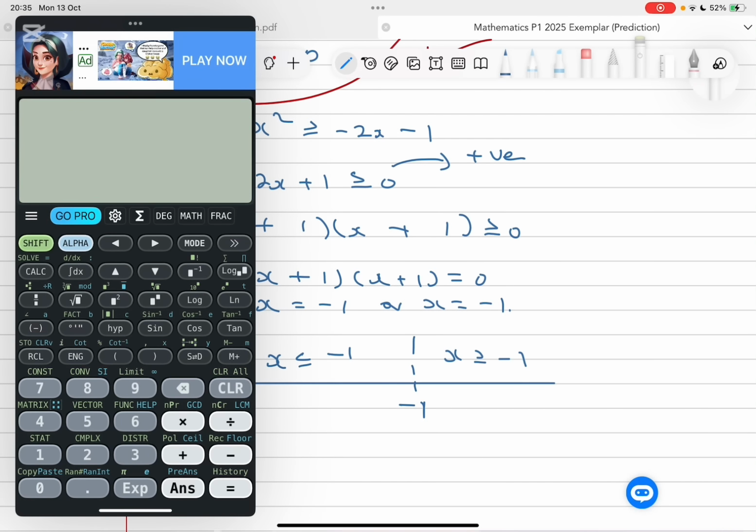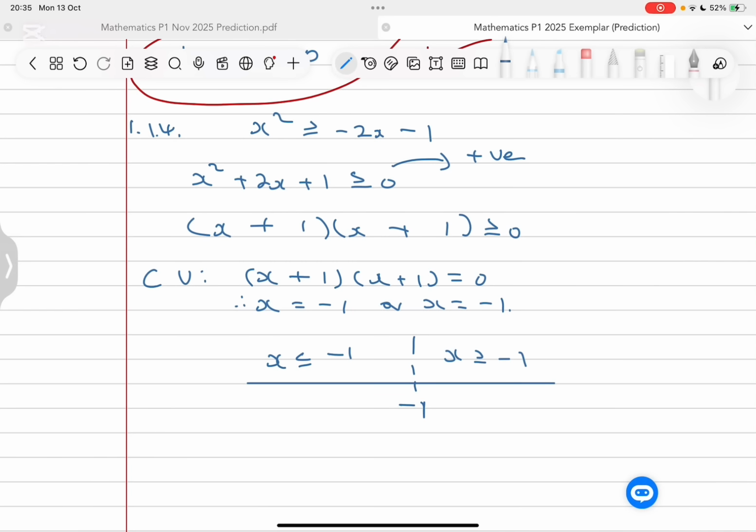So I'll firstly start by saying I'm having here -2 squared plus 2 times -2 plus 1. And I can see here that I get a positive number.